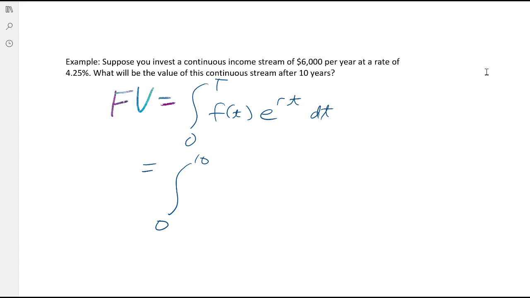What is our income stream? It's the constant $6,000 times e raised to our interest rate times the variable t. Our interest rate is 4.25%. You must write that as a decimal. So it's going to be 0.0425 times t dt. All right, so that is our integral set up.